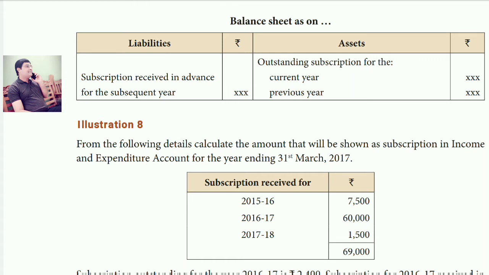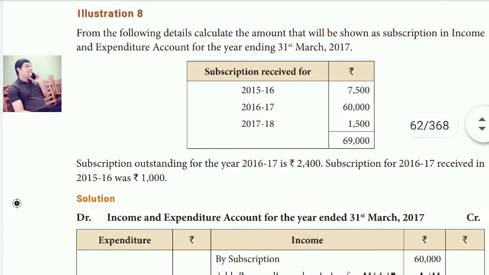Now see illustration 8. From the following details, calculate the amount that will be shown as subscription in income and expenditure account for the year ending 31st March 2017.